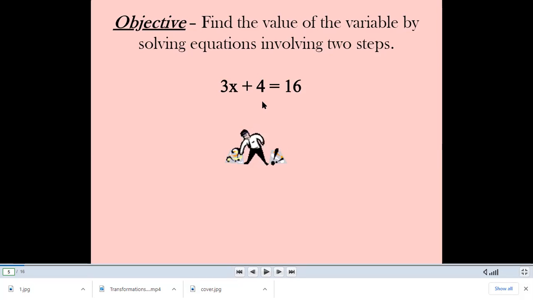Where is the variable in this question? Okay, Ward? The x. Yes, the variable in this question is x. Then our target is to find the value of x. Why do we want to find the value of x?